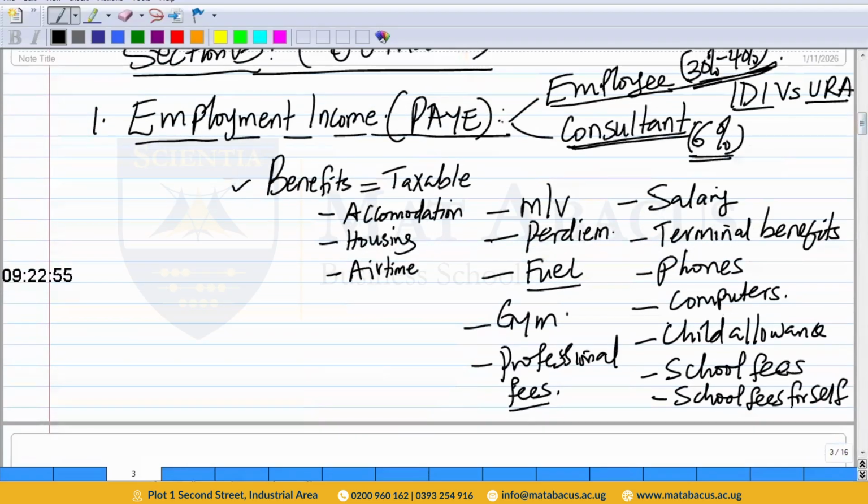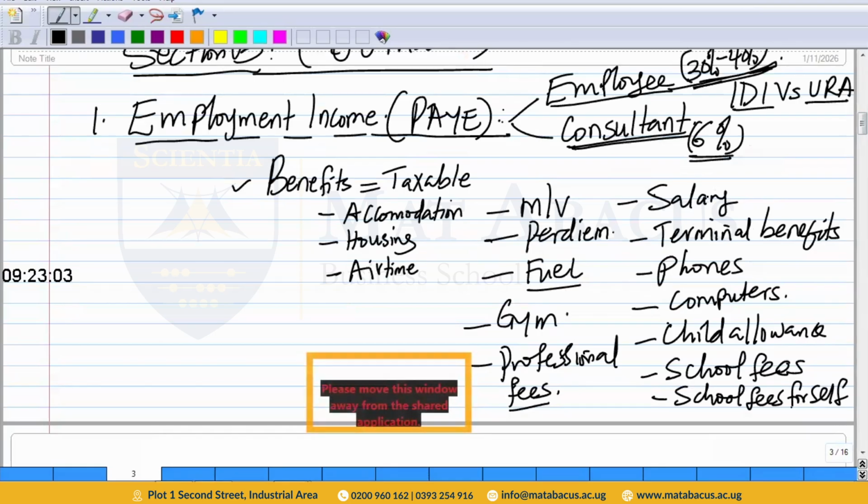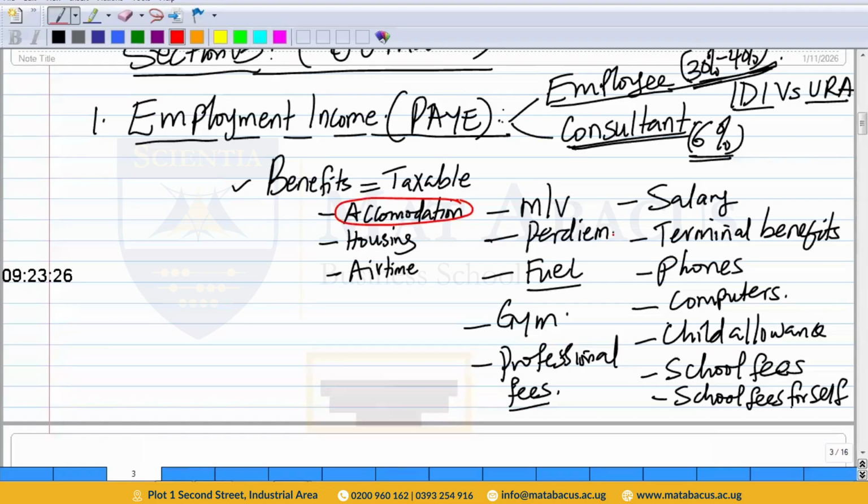Some of them are taxable, others are not taxable, and also it depends on how the transaction is structured. Take an example. You may have accommodation. It is taxable and it is not taxable, depending on how it is structured. Altogether, you may have, let's say, professional fees.